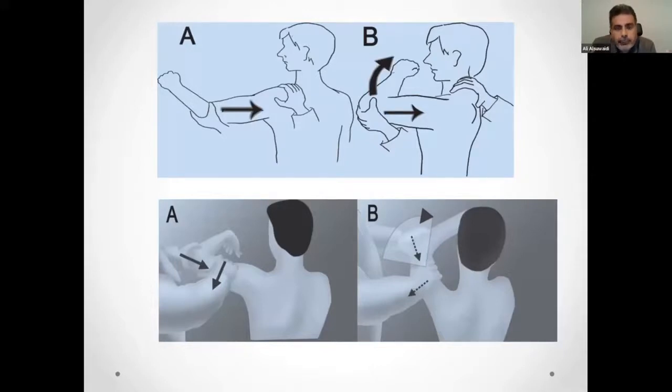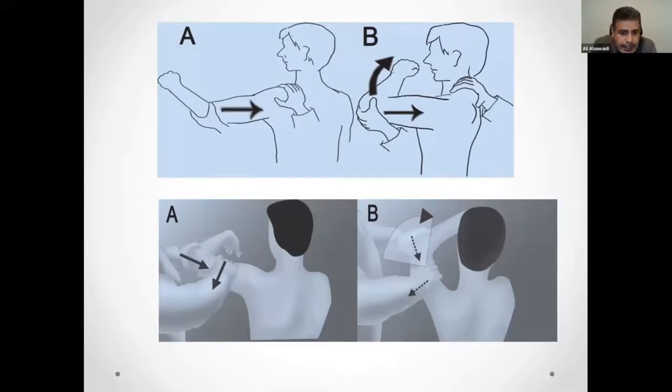That posterior force pushes the head backwards, and as you bring it to a more abducted position, the head will clunk, or pop back into the glenoid, causing a painful click. This is the jerk test.